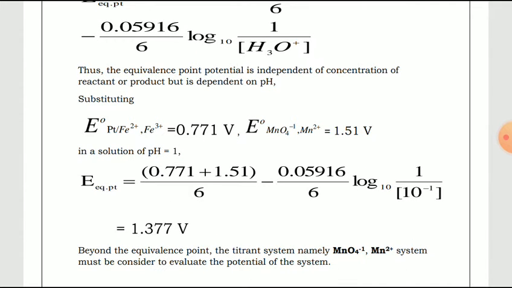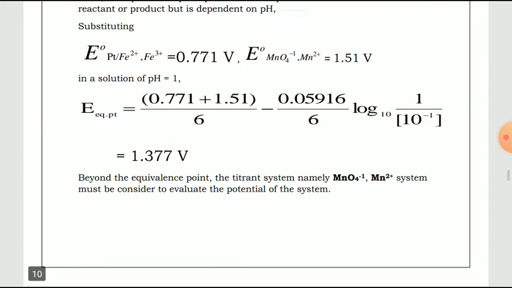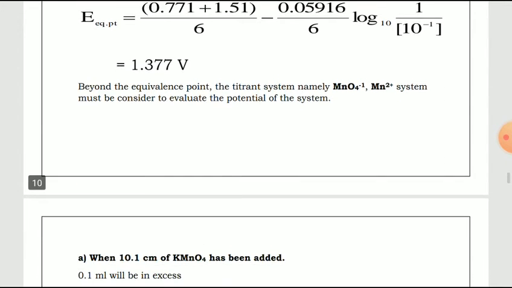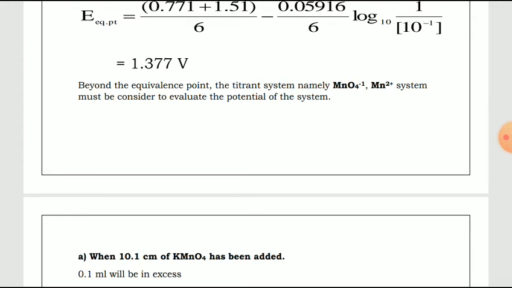Beyond the equivalence point, the titrant system, namely MnO4 minus to Mn2 plus system, must be considered to evaluate the potential of the system. Now, when we add 10.1 ml of KMnO4 solution into the beaker, see, in the beaker we have taken 10 ml of 0.1 molar ferrous solution.